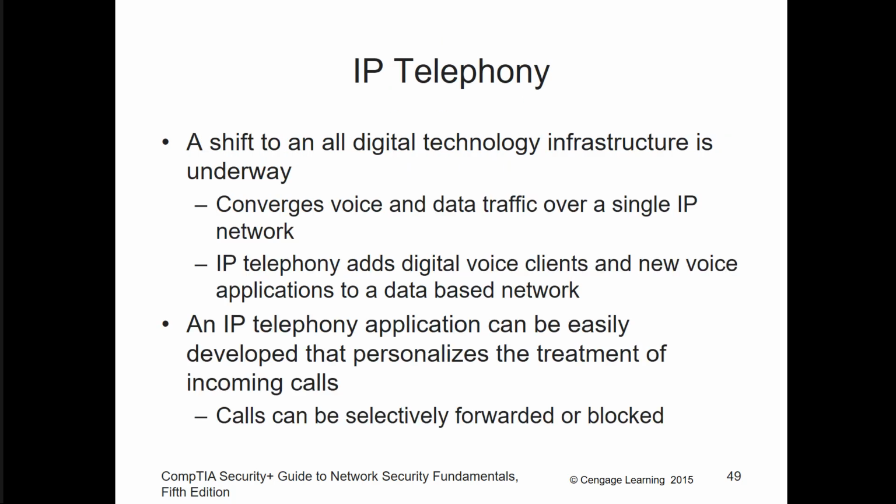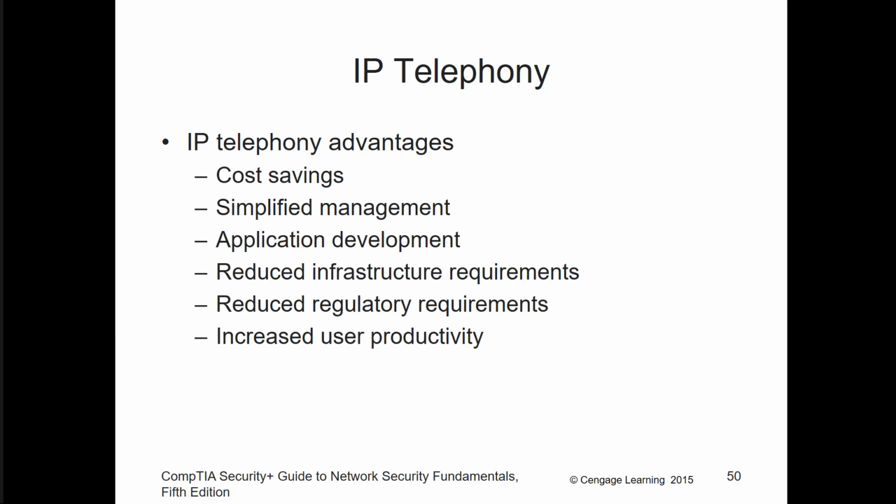Because you may have VoIP on a separate network, you're going to have to plan that out. And again, VoIP comes with its own security mechanisms. You can have calls that are selectively forwarded or blocked based off of the VoIP phone and its MAC address. It really just depends.